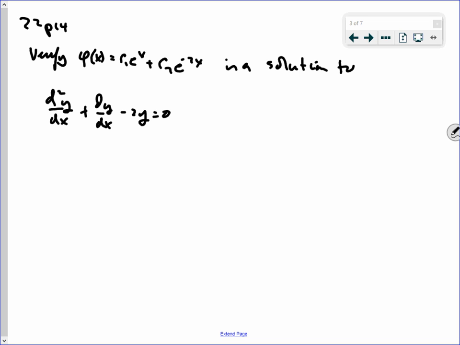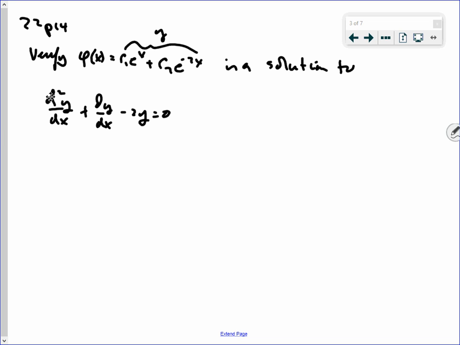This is pretty straightforward. You just take the derivative twice and take the second derivative plus the first derivative and then subtract 2 times y, your candidate. Take the derivatives and the original function, subtract 2 times that off, and it all adds up to 0. So it's not hard to do that. I'm going to skip that.